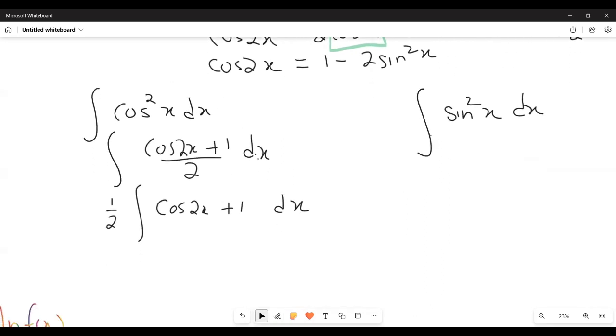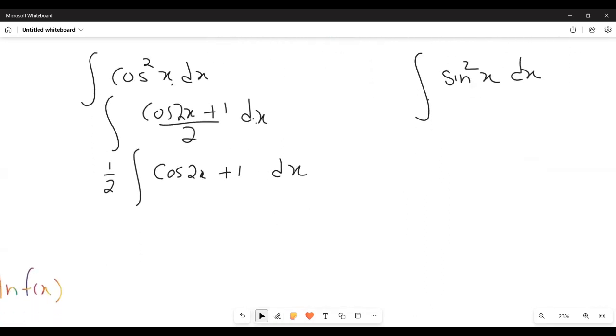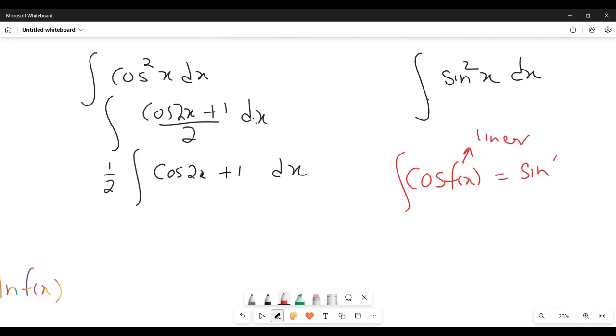Now we already know how to integrate cos 2x. It's going to be sin 2x upon 2. Linear function है, so जब cos fx को हम इंटीग्रेट कर रहे हो और fx लीनियर हो तो हम वही शॉर्टकट यूज करते हैं कि बन जाता है sin fx upon f prime x. So that's what we're doing. Half outside. Going to use bigger brackets.